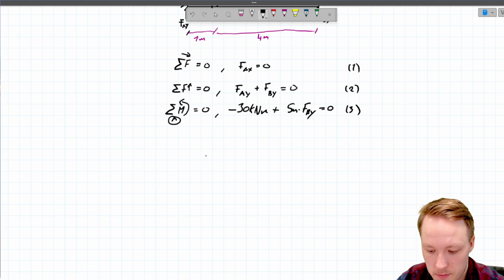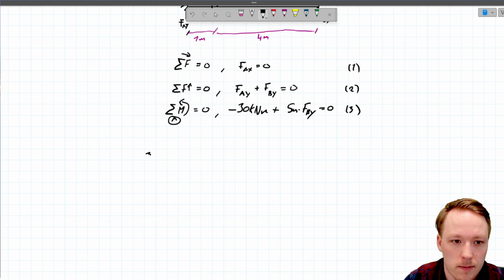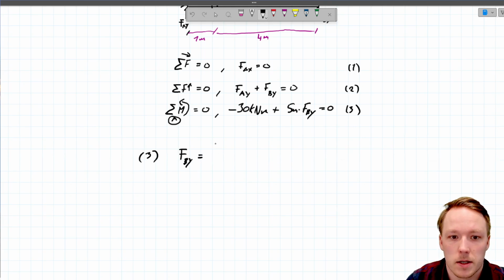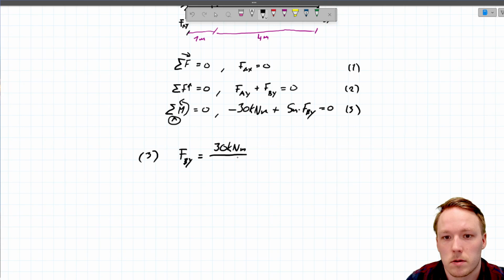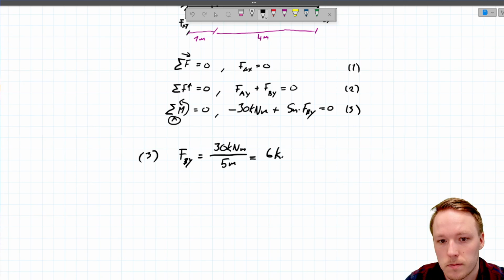Now, from equation number 3, we can solve FBY. It is 30 kN divided by 5 meters, which will be 6 kilonewtons.